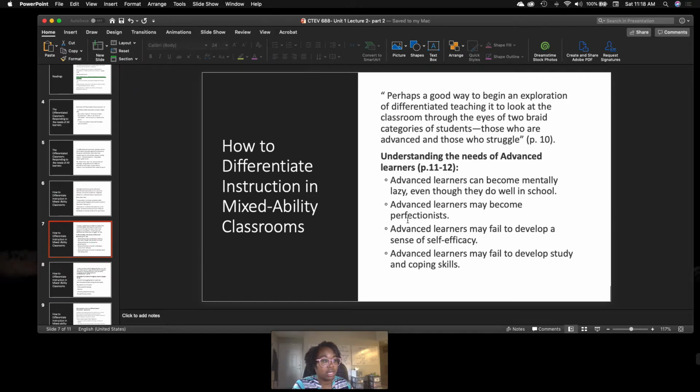Perhaps a good way to begin an exploration of differentiated teaching is to look at the classroom through the eyes of two broad categories of students: those who are advanced, and those who struggle. We're going to start off with advanced students, because sometimes I think they're often forgotten.